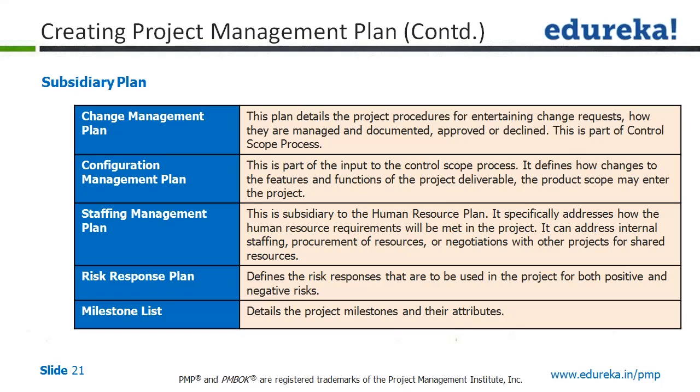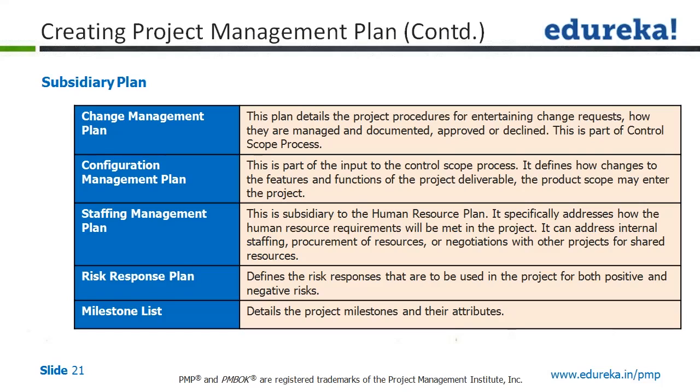Configuration management plan is a kind of part of our input to the control scope process. It very clearly defines how to change various features and functions to suit the final output. Staffing management plan gives us an indication of how we are going to meet the staffing requirements, in case we need to negotiate with an outside supplier on the manpower, or whether we should be able to manage it within the team.